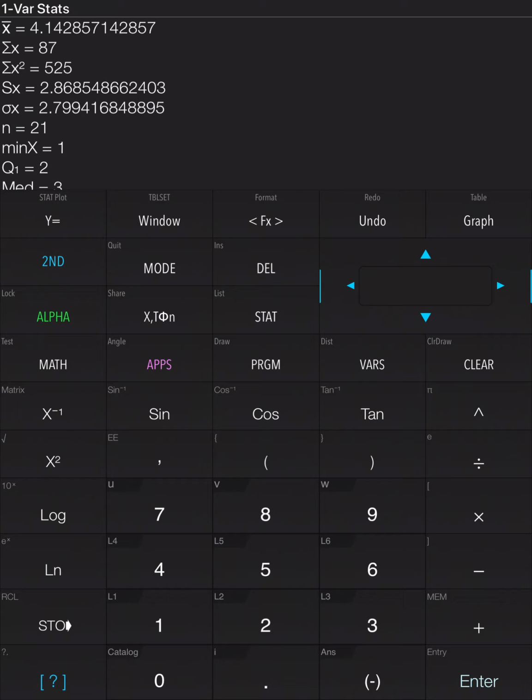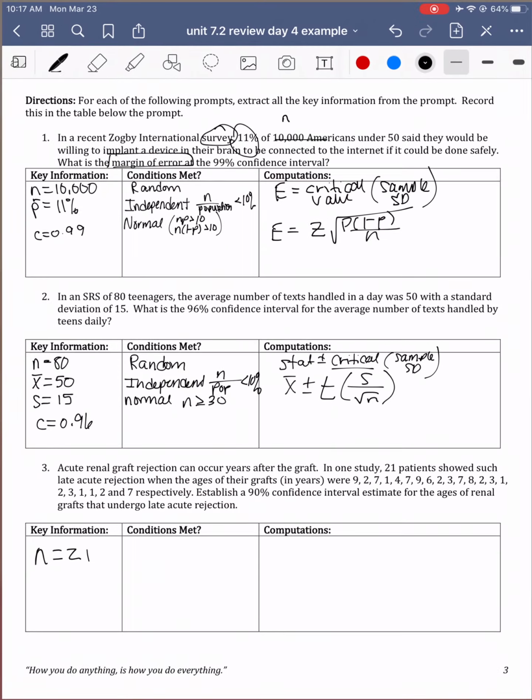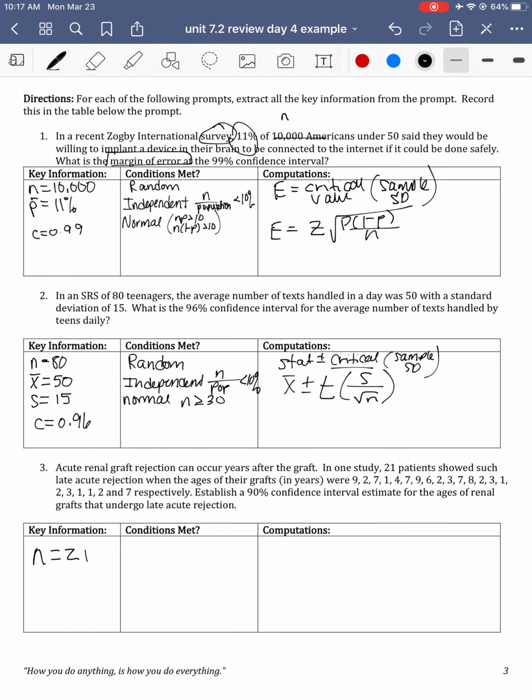So let's take note of that: x bar is 4.14, s is 2.87. Going back to the problem, we found x bar 4.14, s is 2.87, and then they gave us the confidence as 0.9.